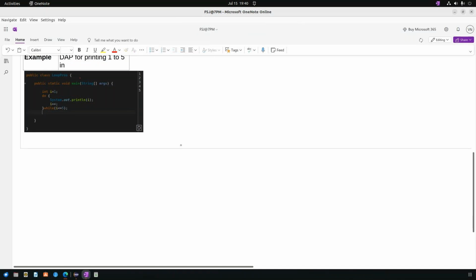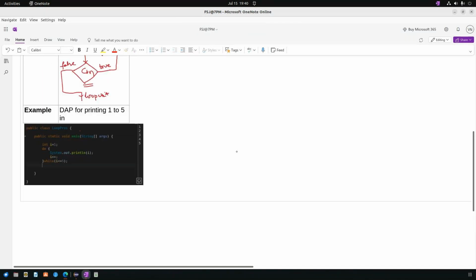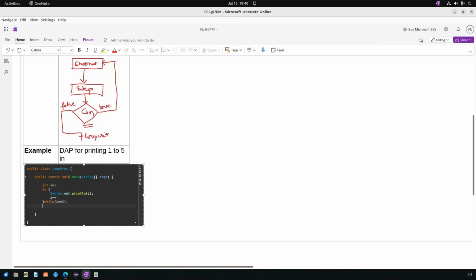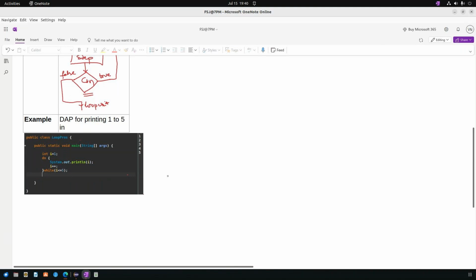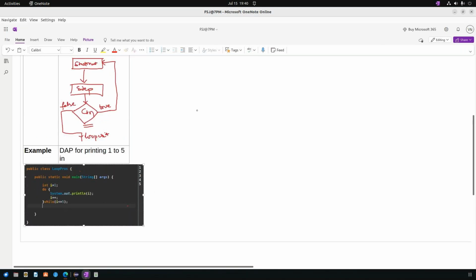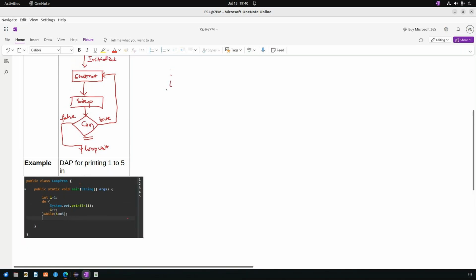Now what I need to do here is understand how the flow is going in the program. That is very important. So here the I value will be 1.